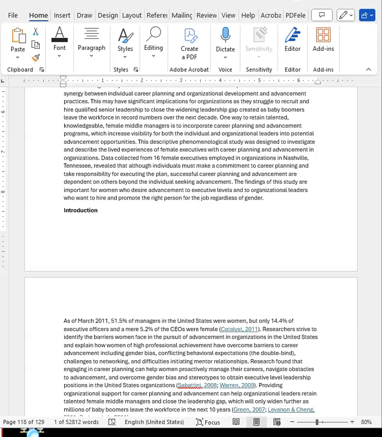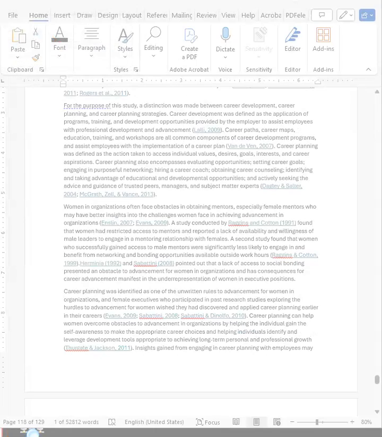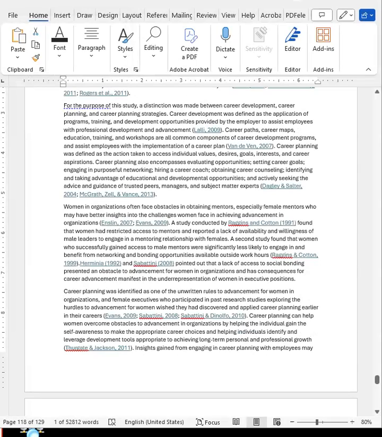Providing organizational support for career planning and advancement can help organizational leaders retain talented female middle managers and close the leadership gap, which will only widen further as millions of baby boomers leave the workforce in the next 10 years. Green, 2007. Levanon and Chung, 2011. Rogers et al., 2011.